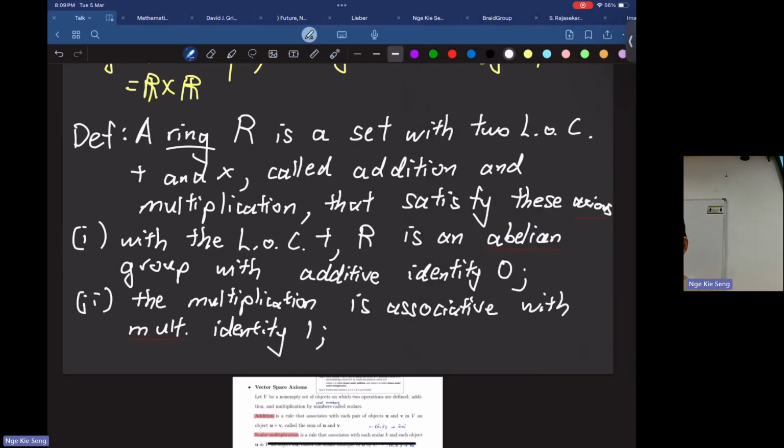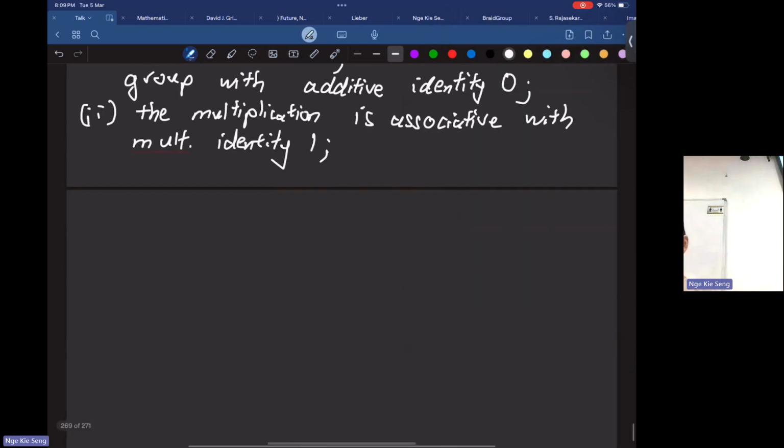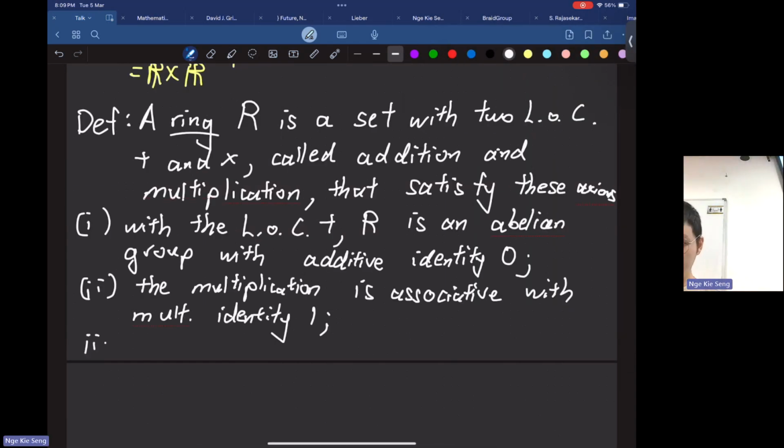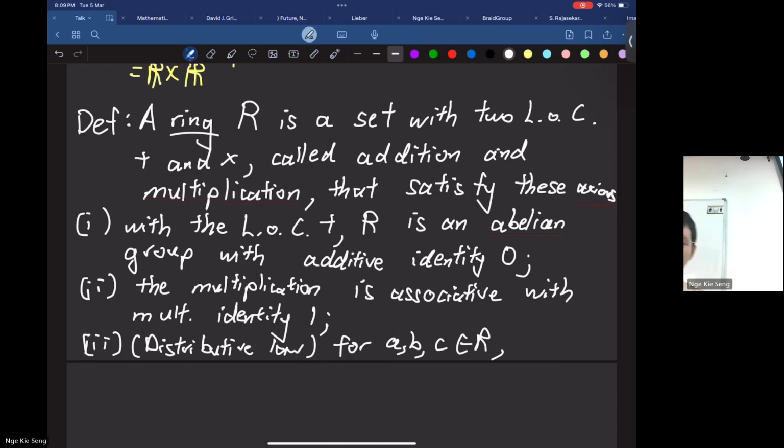The third one is the distributive law. So what does the distributive law do? For every three elements, what do I want to distribute over? Now you have two operations, right?